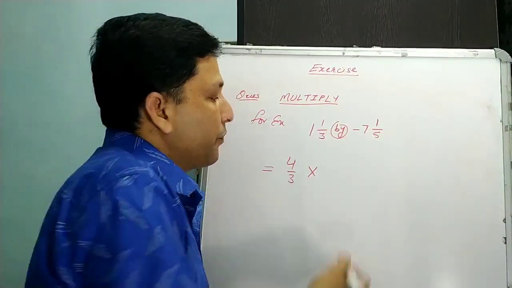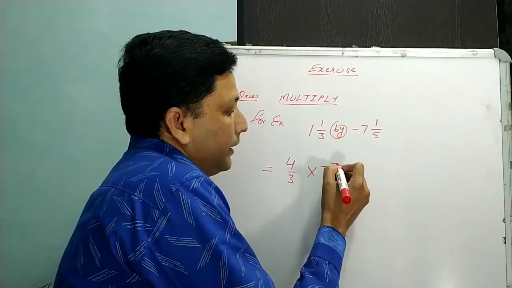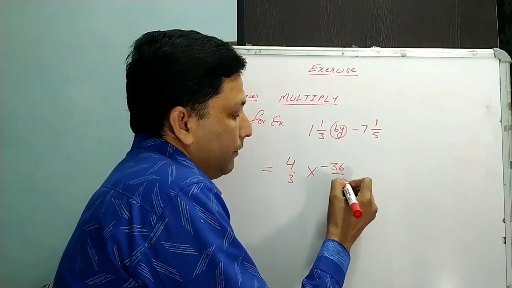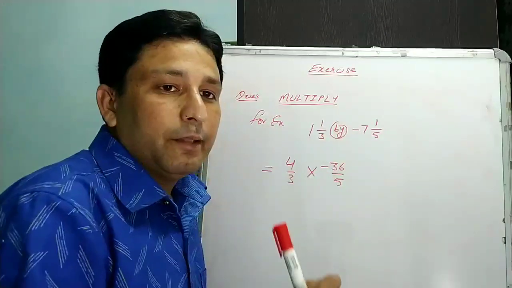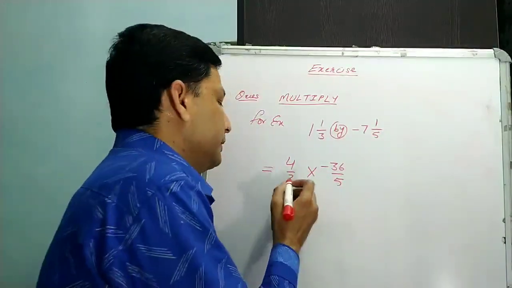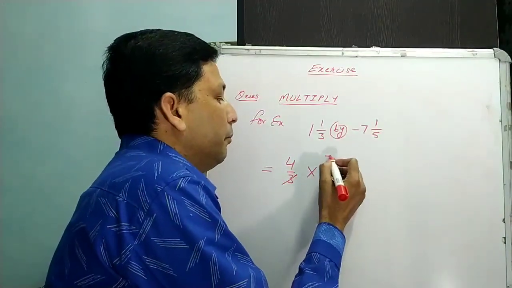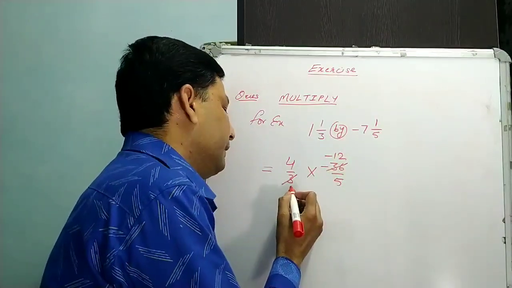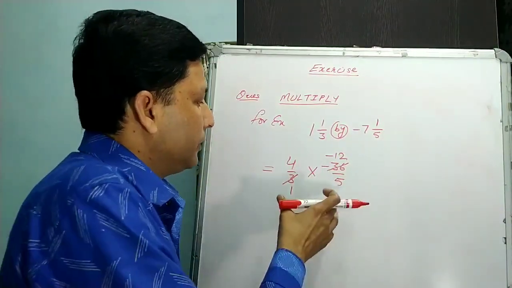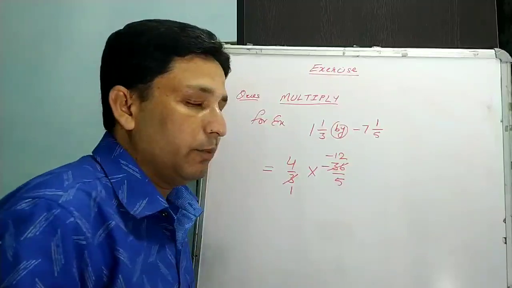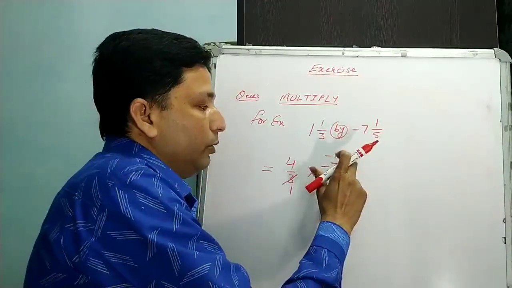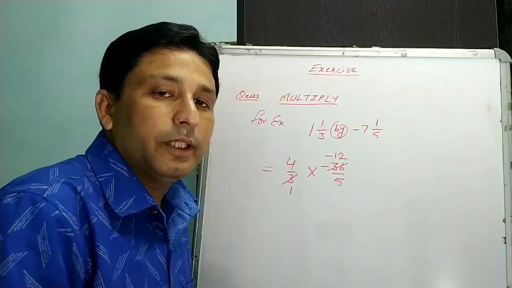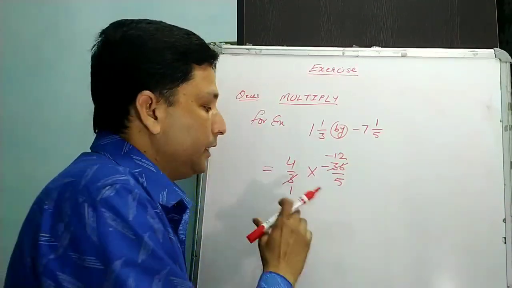Now moving on, here we will write minus 36 upon 5. Now here you can see that this 36 can be divided by 3, 12 times. So here we will write minus 12 and here we will write 1. Now here you can see that this numerator cannot be divided by these denominators, and this numerator also cannot be divided by these denominators.